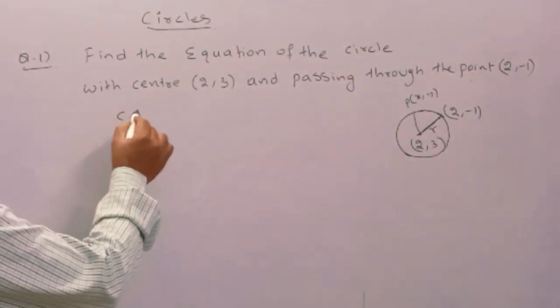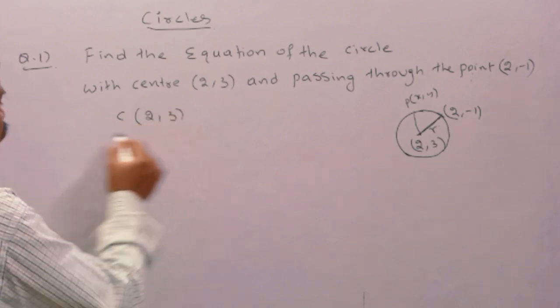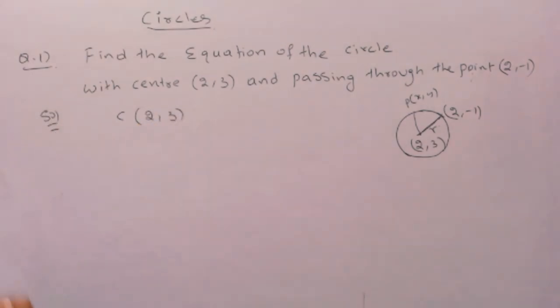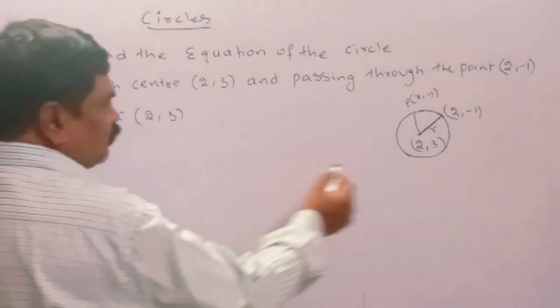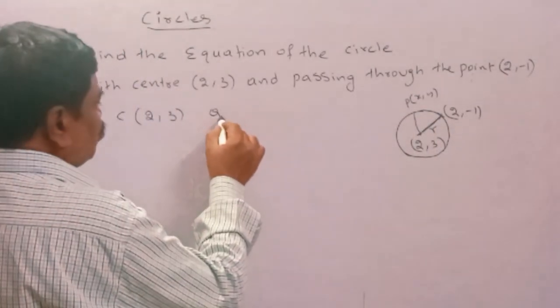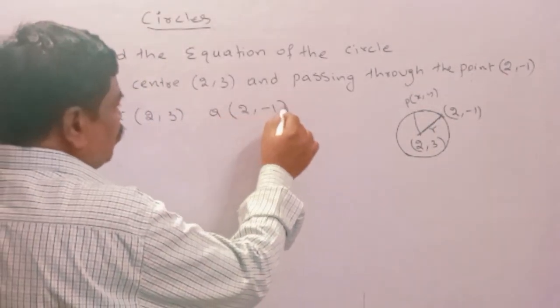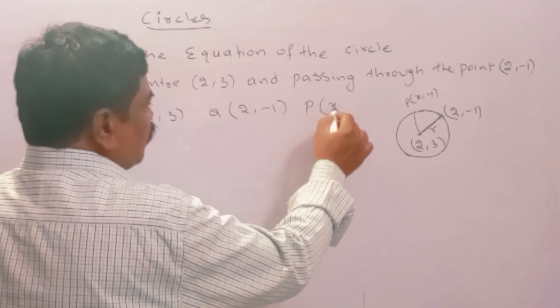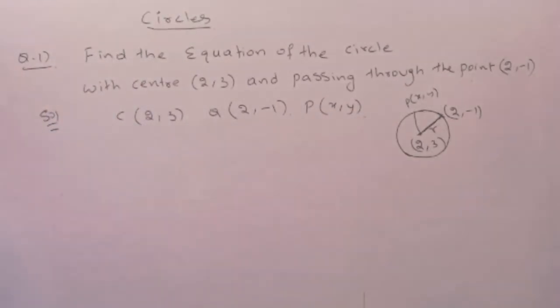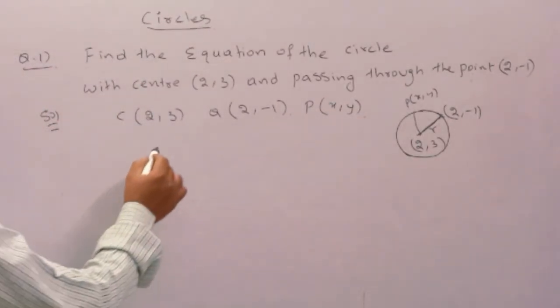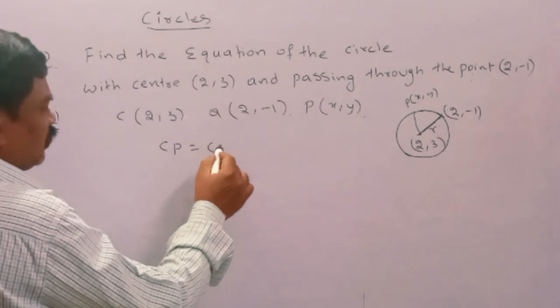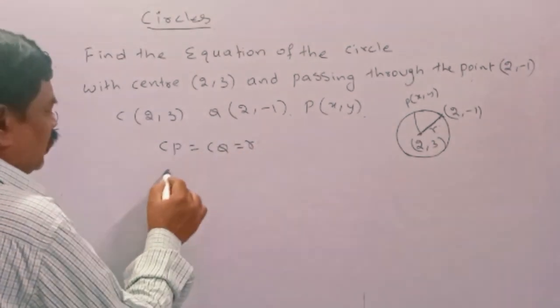Here the center C is (2, 3). Suppose this is the point Q, Q is (2, minus 1), and P is (x, y). We know that CP is equal to CQ is equal to r.